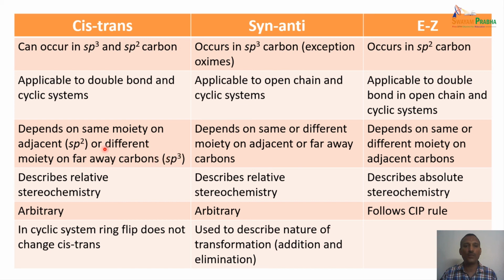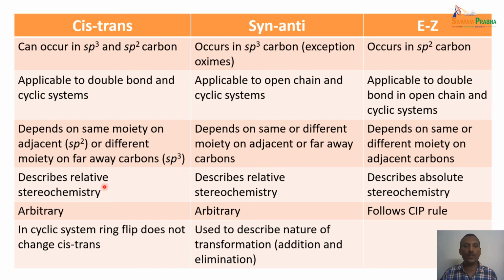So cis-trans can be assigned to these two types of arrangements. In the case of Syn-Anti, basically we can assign to either adjacent carbons or faraway carbons. But in the case of E-Z, this is basically the same group or the adjacent group present only on the adjacent carbons. That is across the double bond only we can assign E-Z nomenclature.